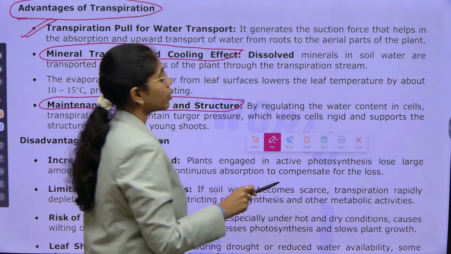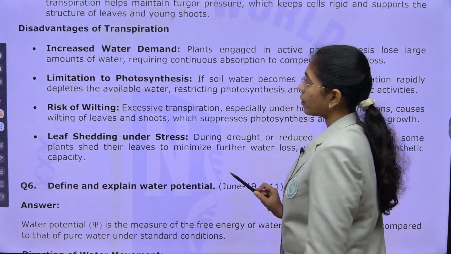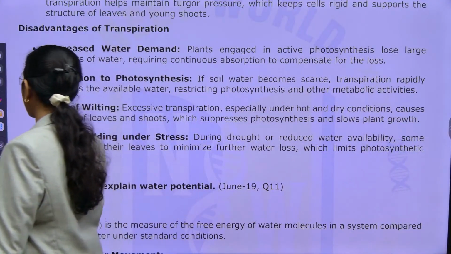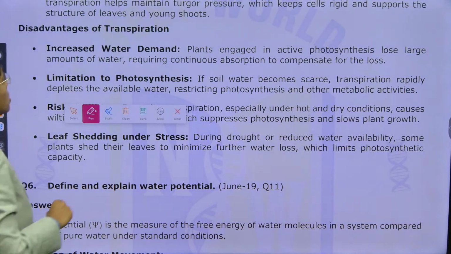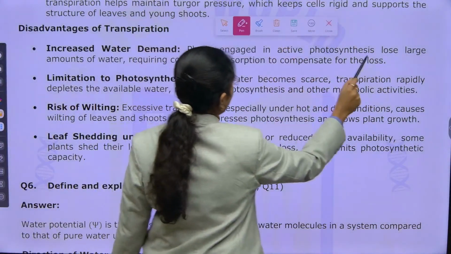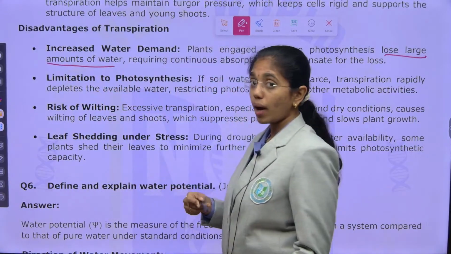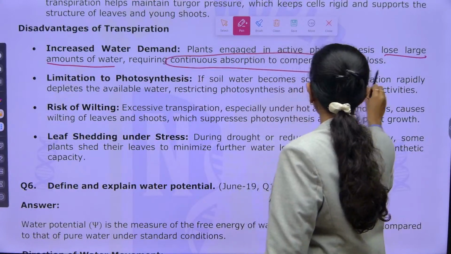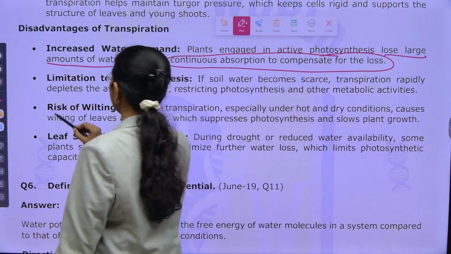Now we will look at the disadvantages of transpiration. First, increased water demand. How will water demand be increased? Plants engaged in active photosynthesis will lose a large amount of water. This requires continuous absorption of water to compensate for the water loss. Second, limitation of photosynthesis.